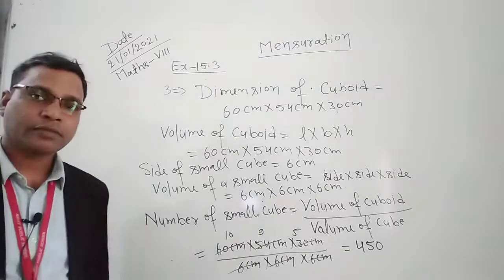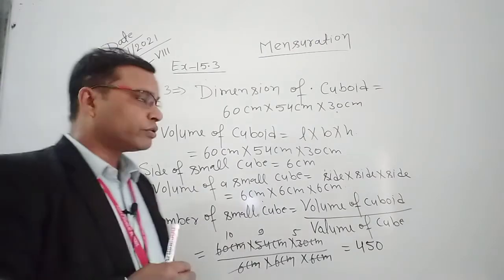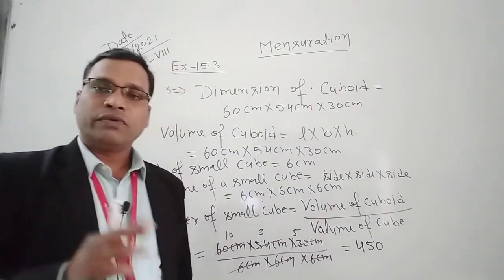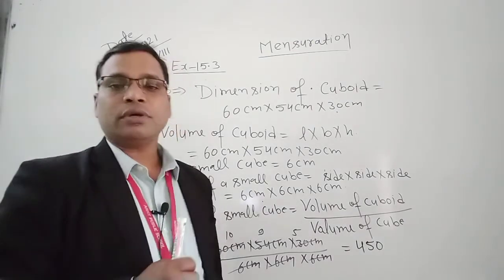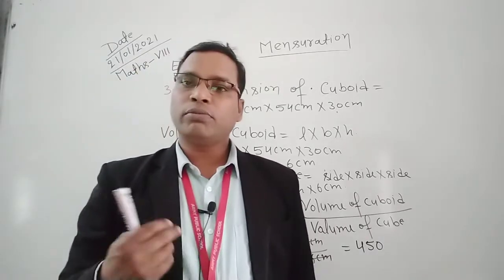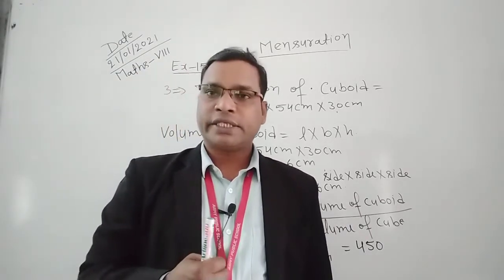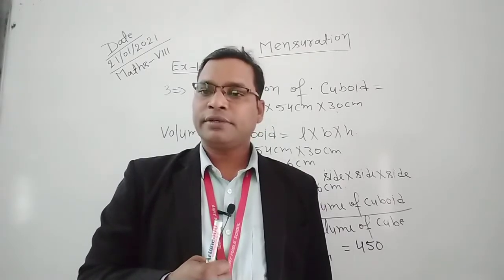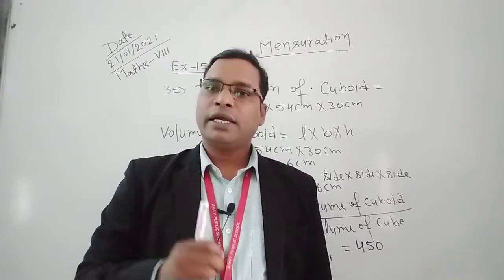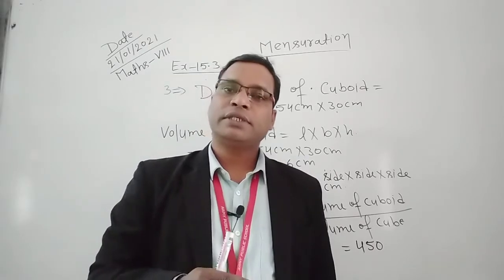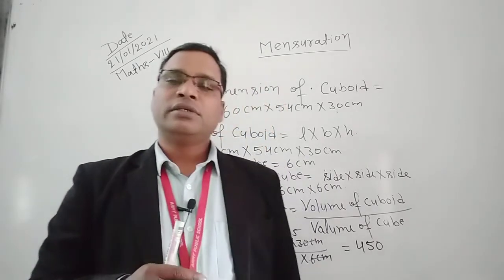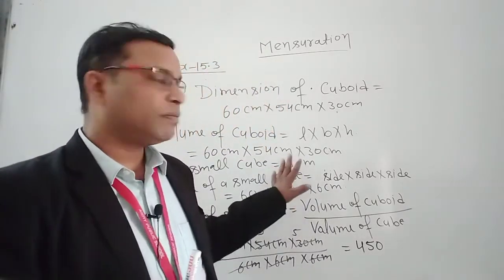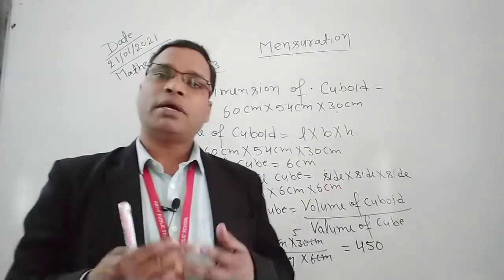Now we are going to discuss the next question. In this question we need to find the number of cubes that fit in the given cuboid whose dimension is 60 centimeter, 54 centimeter and 30 centimeters, and the side of the small cube is given 6 centimeter. So first we find the volume of the cuboid and volume of the cube.